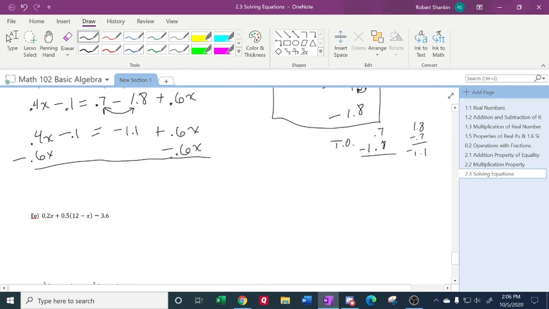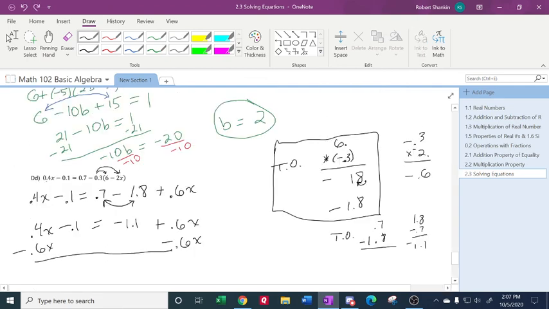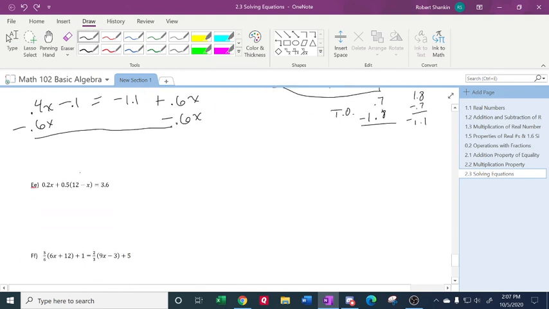Then I would get negative 0.2x minus 0.1 equals negative 1.1.